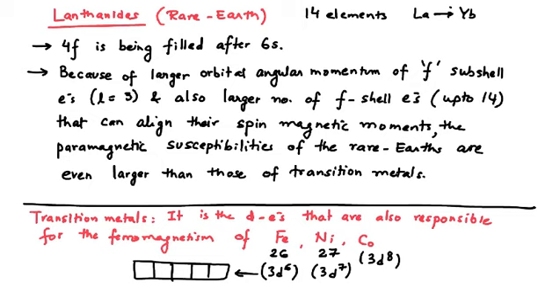Let's look at iron with the 3d6 configuration. You know how you start filling up electrons: you first fill up electrons without pairing them, and the 6th electron will go as a pair. So we see that 5 electrons have parallel spins, therefore each iron atom has a large moment.